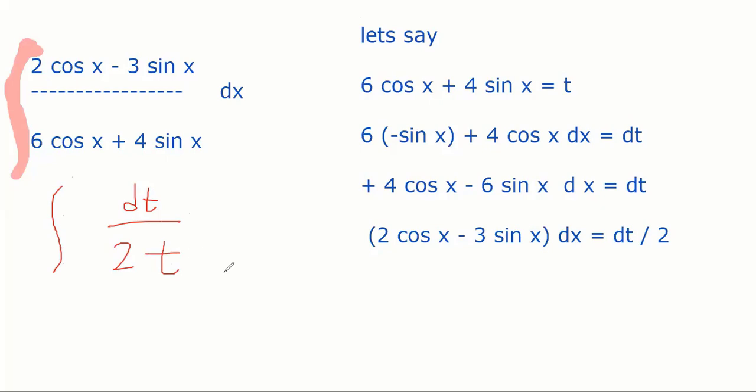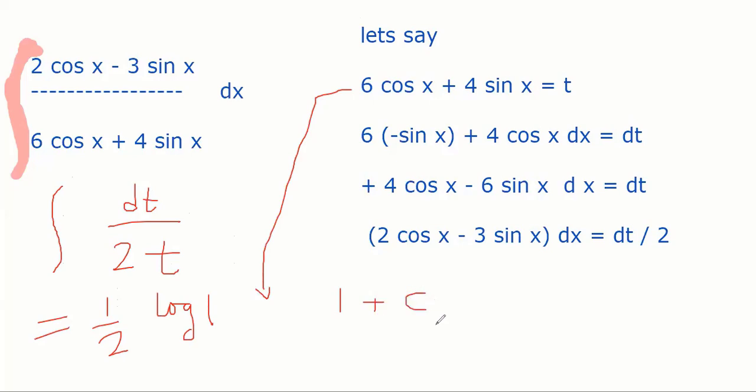So now dt by 2t, तो half बाहर आ गया. Integration of 1 by t is log t again. So half log of t plus c. Cool, everyone good?